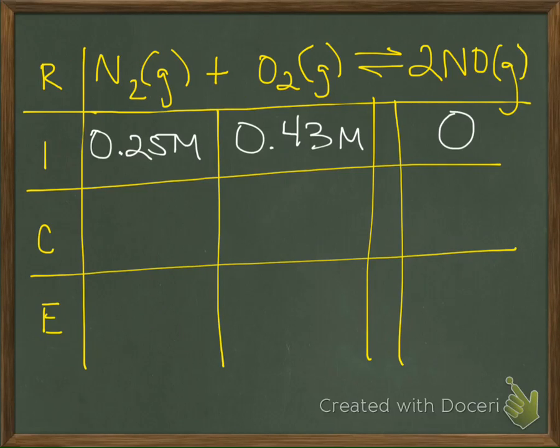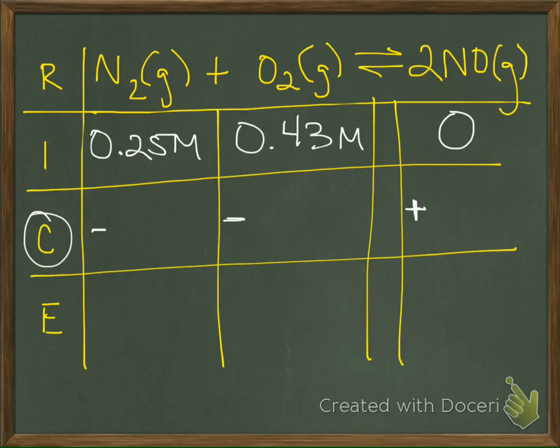If we recall back to our next steps, we want to next go to the C part, the change. And we know that any reactant is disappearing. So anything on the left side of the arrows is disappearing, whereas anything on the right side of the arrows is appearing.